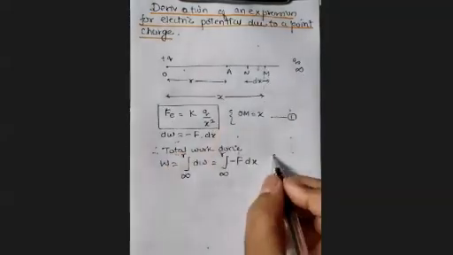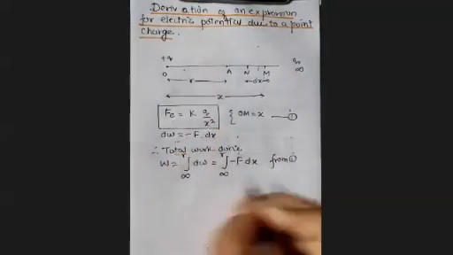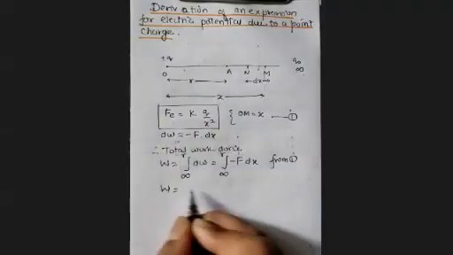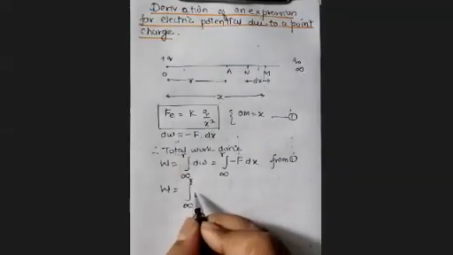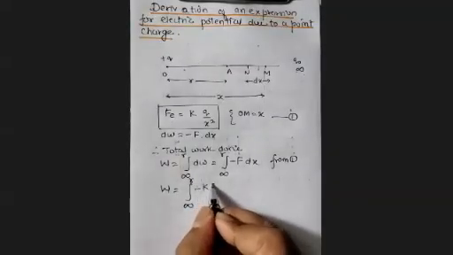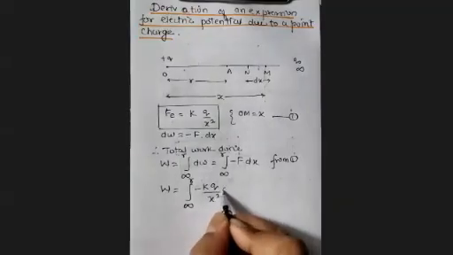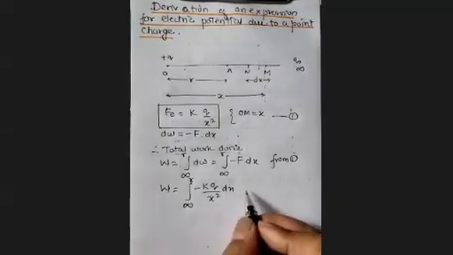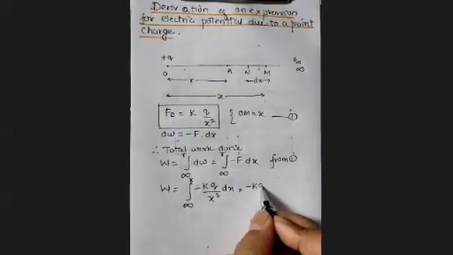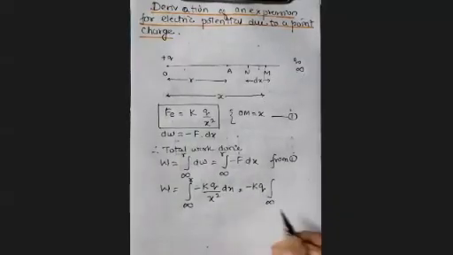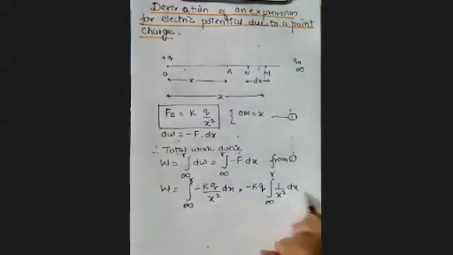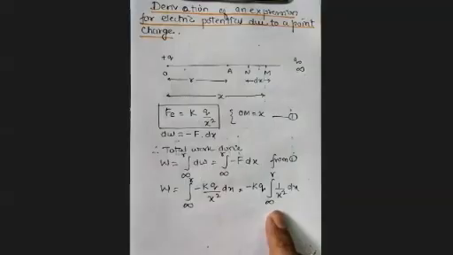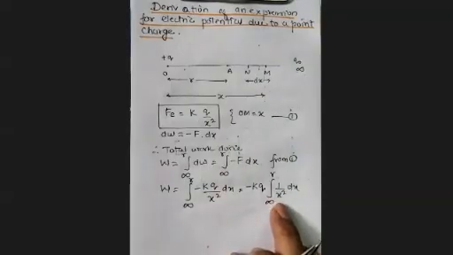So from 1, we can say that W is equal to the integration from infinity to R of minus K times Q upon x square into dx. We know that minus K and Q are constants, so the integral is 1 upon x square dx from infinity to R. Now the integration value of 1 upon x square is minus 1 upon x.